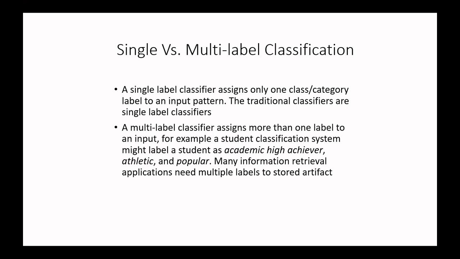That is what the majority of classification models do. But in some instances, you might be interested in generating multiple labels for a given input vector, and there are certain applications where you might need this kind of classification model.